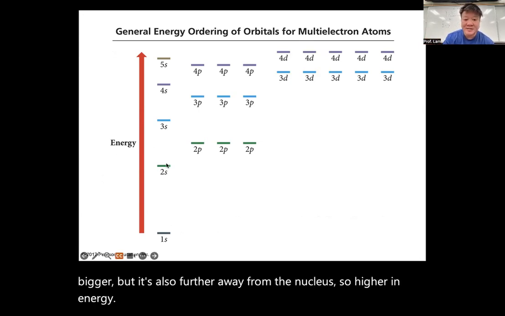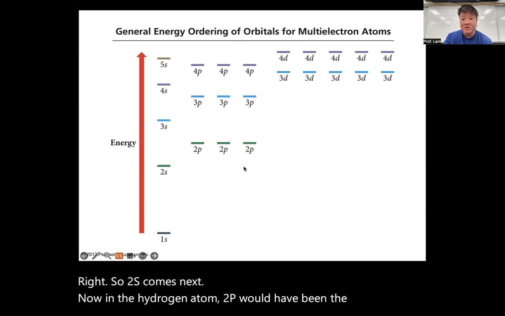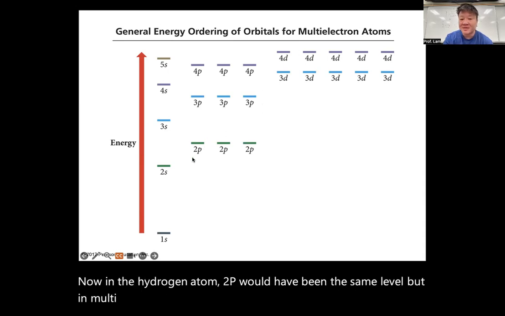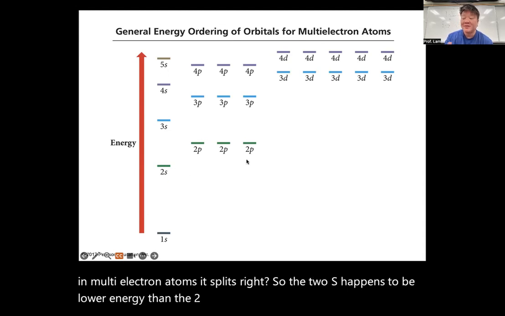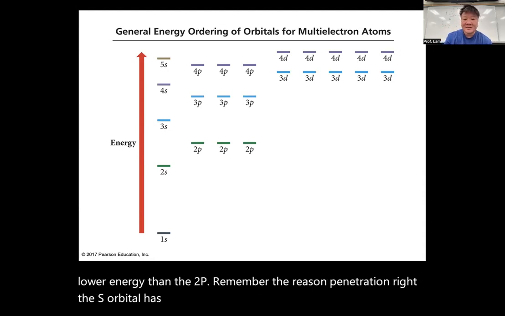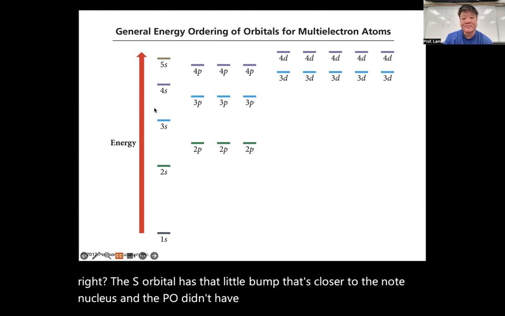So 2s comes next. Now, in the hydrogen atom, 2p would have been the same level, but in multi-electron atoms, it splits, right? So the 2s happens to be lower in energy than the 2p. Remember the reason? Penetration, right? The s orbital has that little bump that's closer to the nucleus, and the p orbital didn't have that, right?